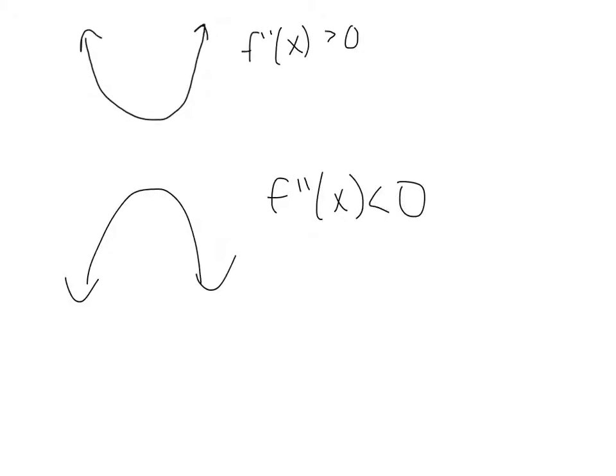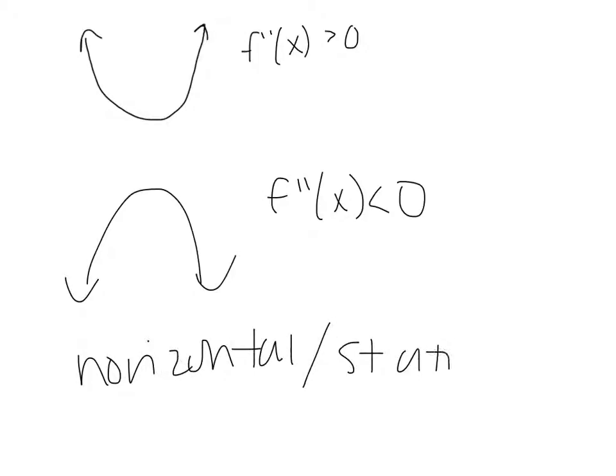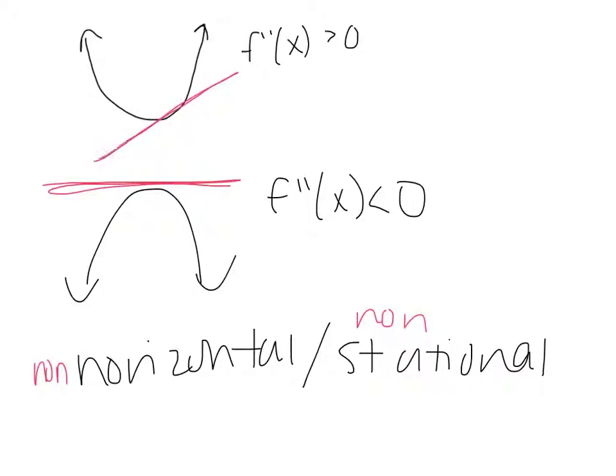And when we refer to the point of inflection, there are two different types. There's horizontal or stationary, or non-horizontal and non-stationary. You have a horizontal inflection point when the tangent is a horizontal line, and when the tangent is not horizontal, say it's like this, then you have a non-horizontal or non-stationary inflection point.